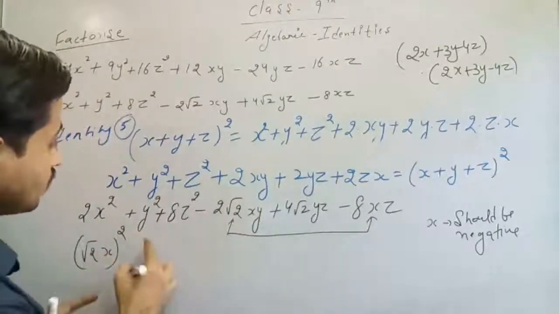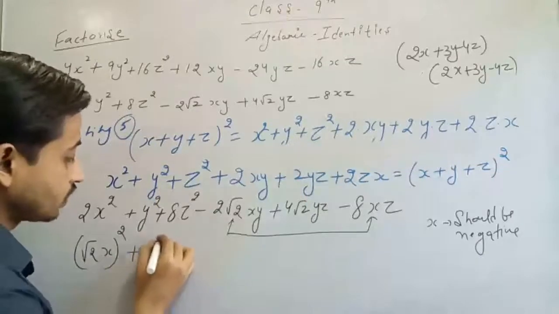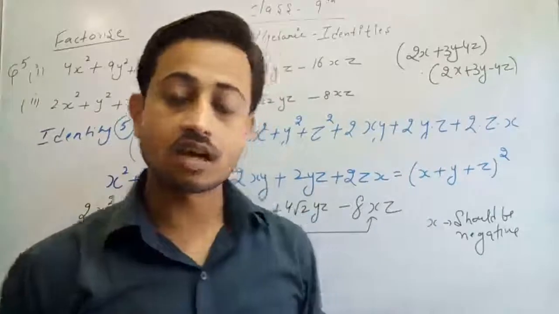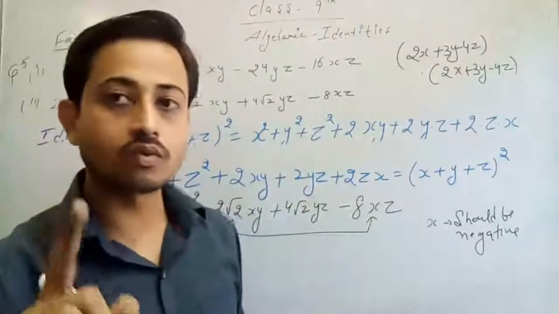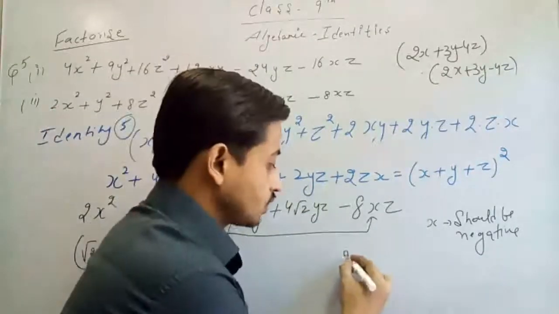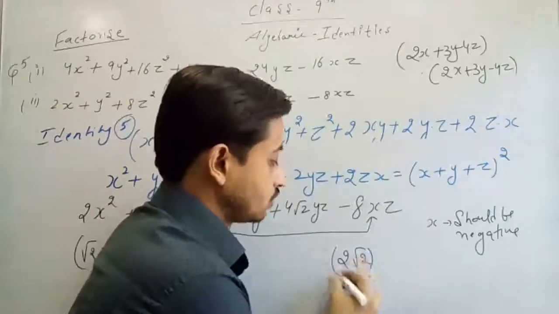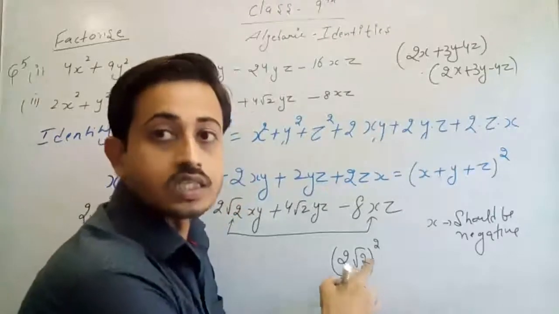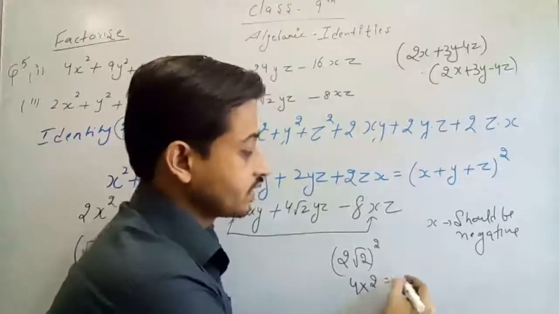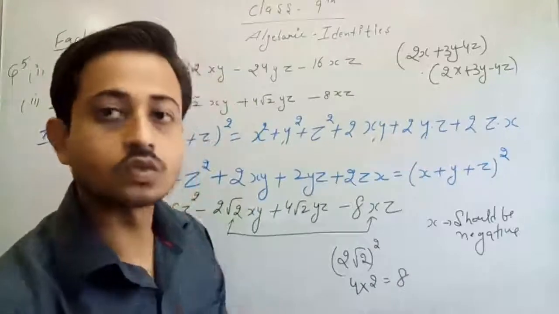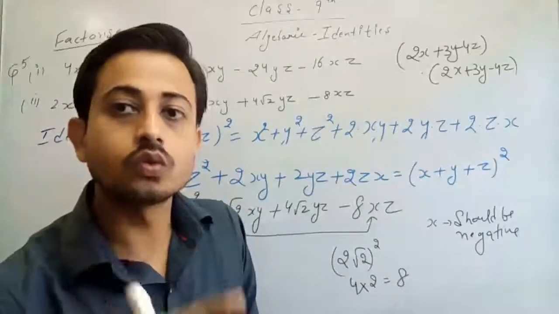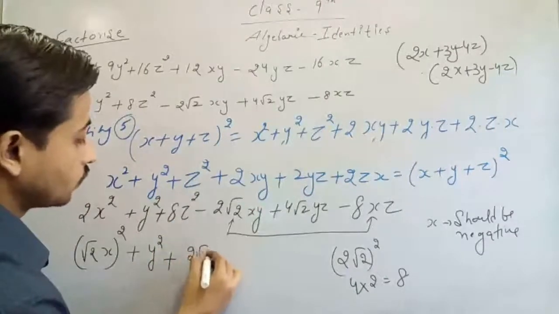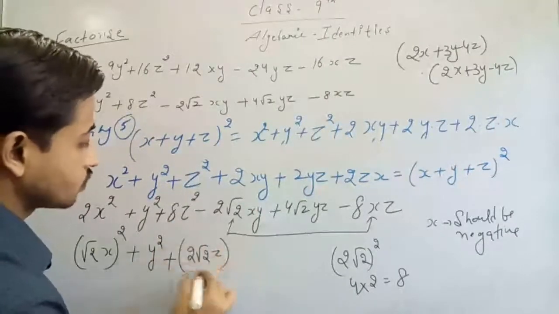Now same here, y is already in terms of a square. Now what is 8? 8 is again not a perfect square. So what do we have to write? 8 can be written as 2 root 2 whole square. Why? Because 2 into 2 is 4 and root 2 square is 2. So 4 into 2 we get 8. So 8 can be written as 2 root 2 square. So that's why I am writing here 2 root 2 z whole square.